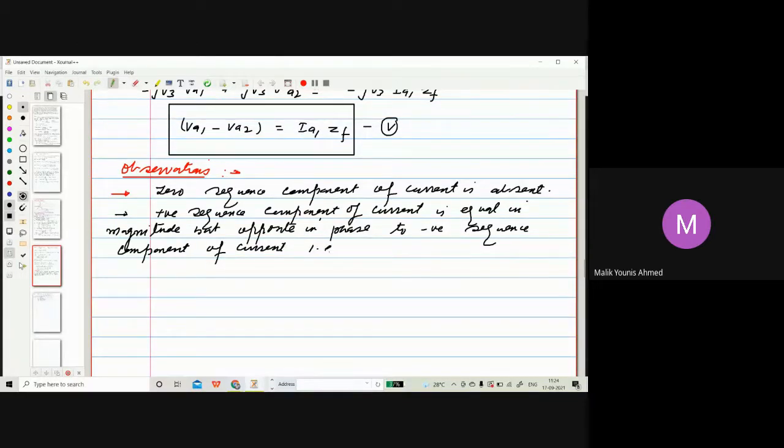That is, we have already seen IA1 is equal to minus IA2. Okay, then a bit slightly more.